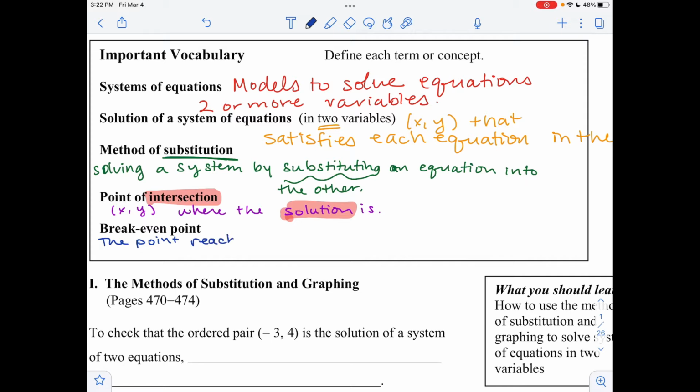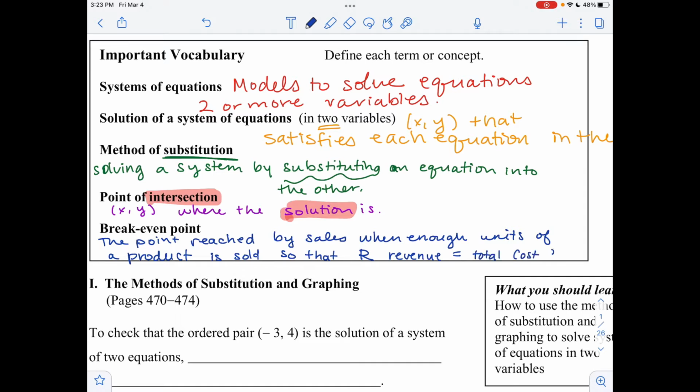And then lastly, the break-even point is the point reached by sales. So this is a real-world application. When enough units of a product are sold so that the revenue, or R, is equal to the total cost, or C, of the product.